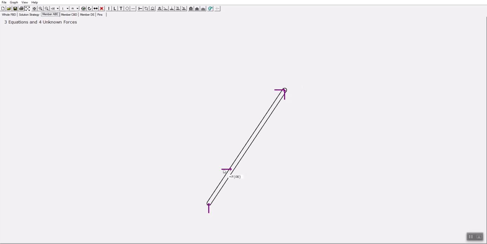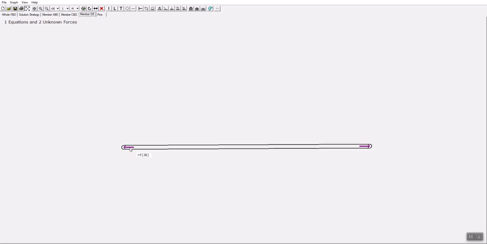This is the force coming from the horizontal member, which is a two-force member. So AN was calculated in the previous step. We calculate this force and this force, 3 forces from 3 equations. So now this force from the horizontal member is known.